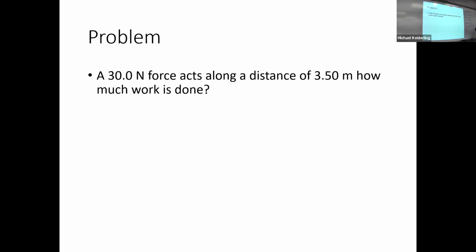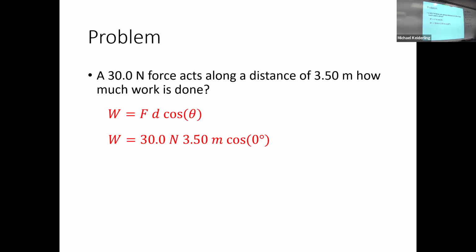This is fairly straightforward. Work is force times distance times the cosine of the angle. Here, it's implied that the force and the distance are in the same direction. So cosine of 0 degrees, 30 newtons times 3.5 meters is 105 joules.